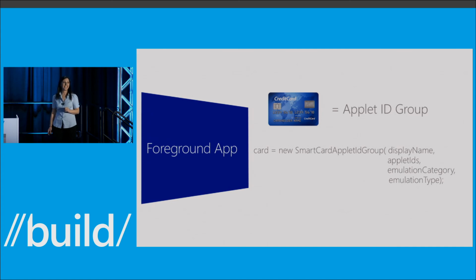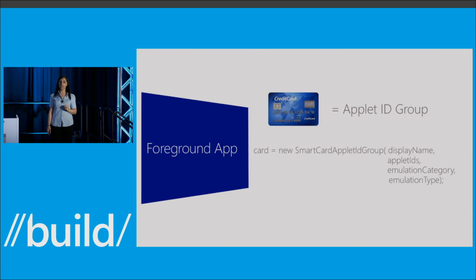The first one is the display name of the applet ID group. That's the name of the card that appears in the drop-down menu that we see in the NFC settings. It also appears in the prompts to get consent from the user. An applet ID group has the applet IDs listed, which are 5 to 16 byte identifiers for the applets.